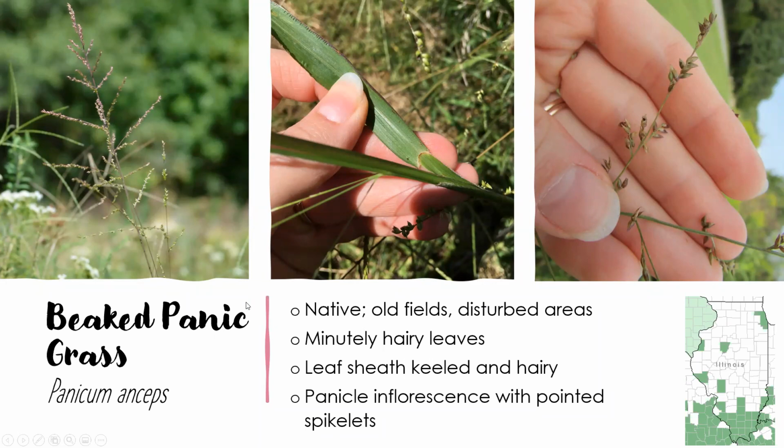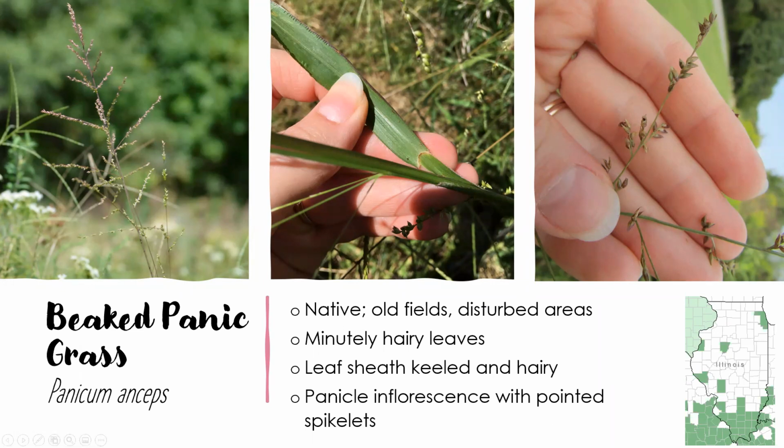And then it does have a panicle inflorescence, very distinct over here, with pointed spikelets. So over here we can see, I call them football shaped a lot of the time. That's where it gets its name, beaked panic grass, because of the shape of those spikelets.